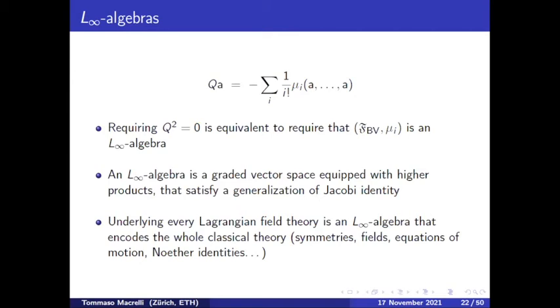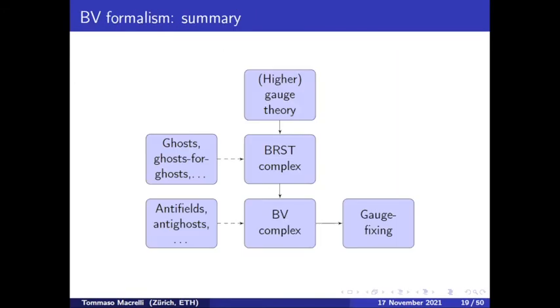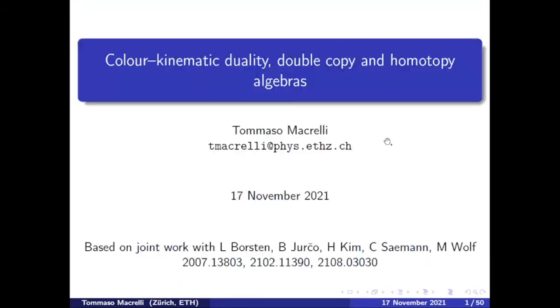I didn't write that explicitly, I'm sorry for this. You can, for example, refer to the long paper on L-infinity algebras for the explicit expression. Thank you very much for your question.